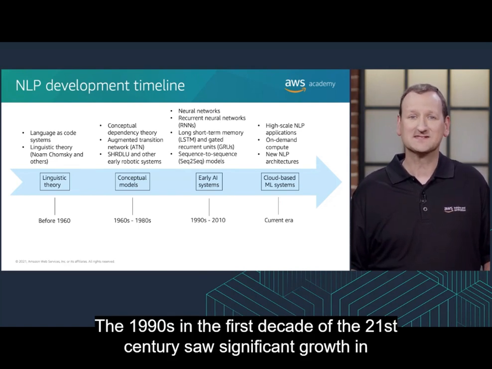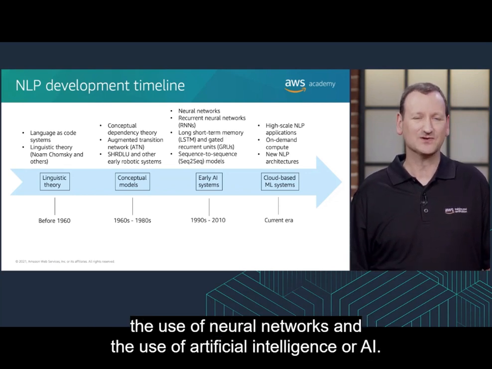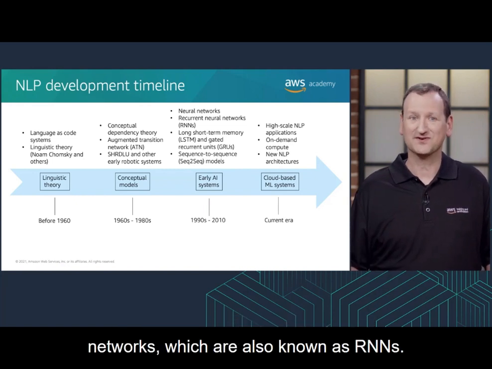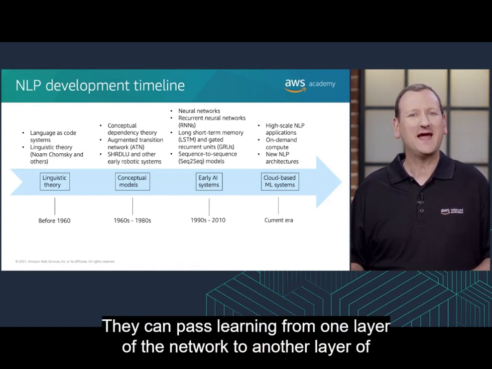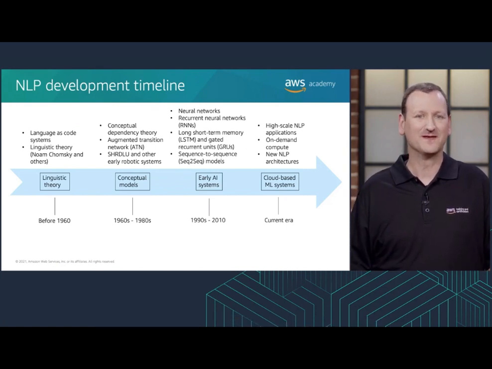The 1990s and the first decade of the 21st century saw significant growth in the use of neural networks and the use of artificial intelligence, or AI. Some examples of important early developments include recurrent neural networks, which are also known as RNNs. They can pass learning from one layer of the network to another layer of the network.